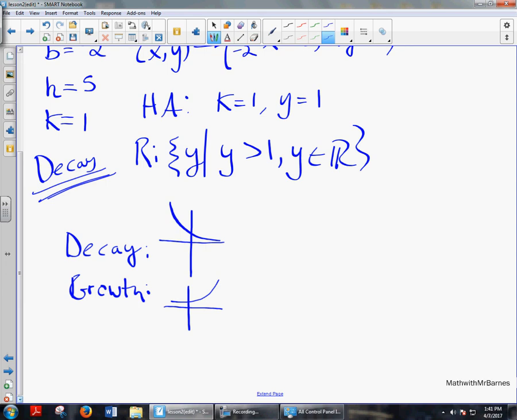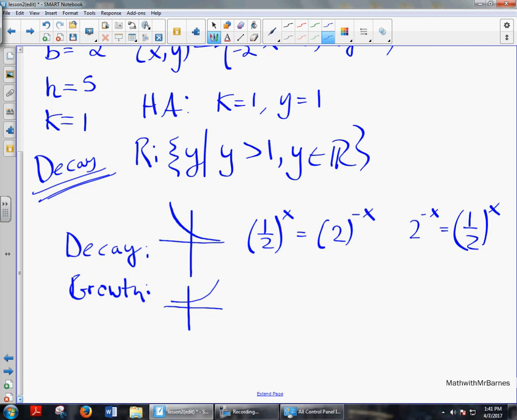Remember that a decay curve happens when your base is between 0 and 1. So if I have a base of 1/2, those two things are really the exact same thing, because a negative exponent, so 2 to the negative x, is actually just 1 over 2 to the x, because all it does is flip my base over.